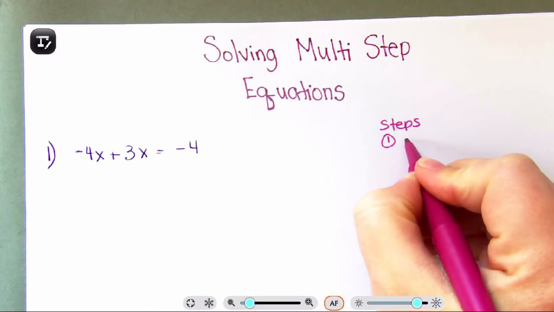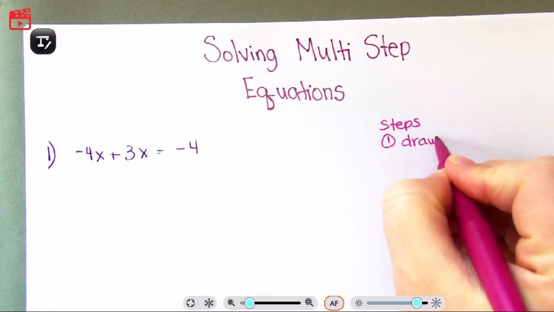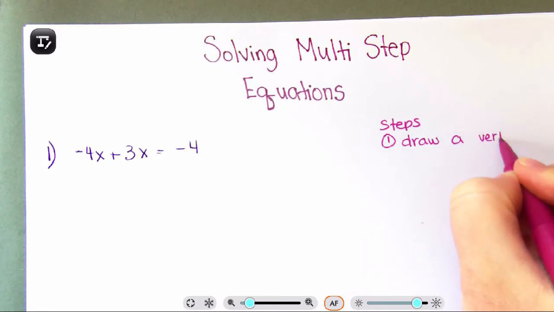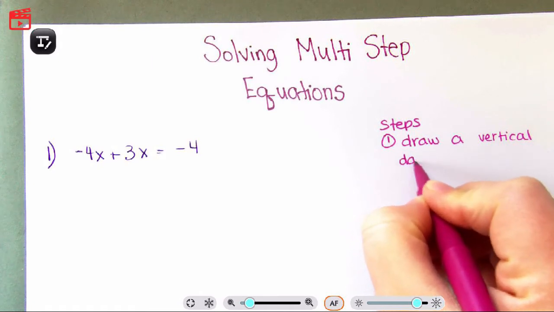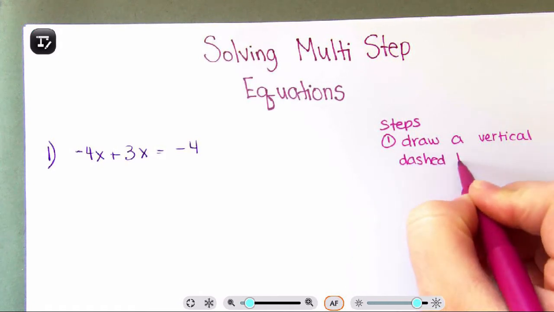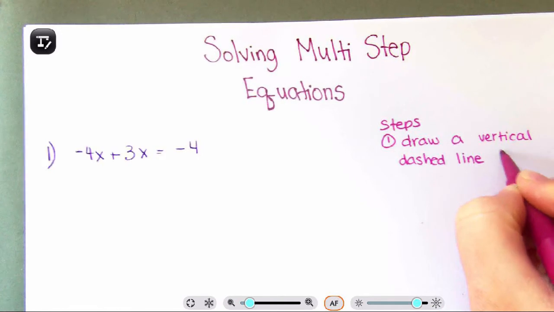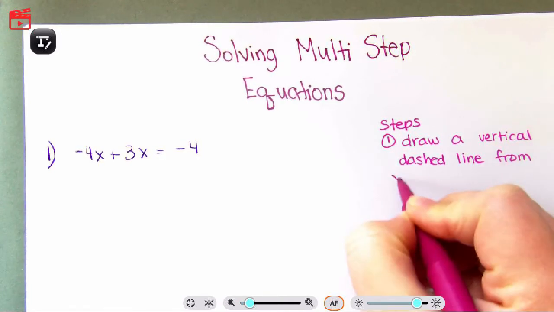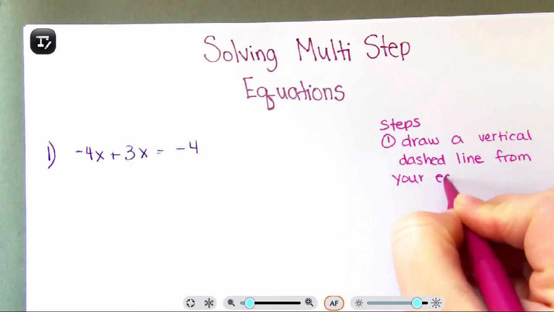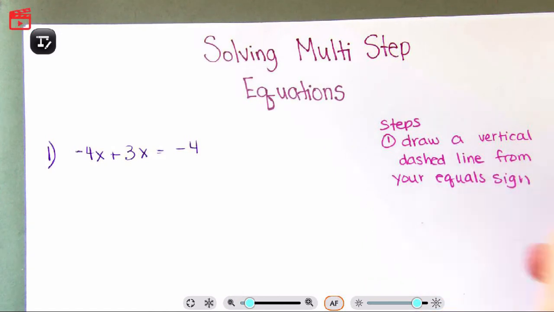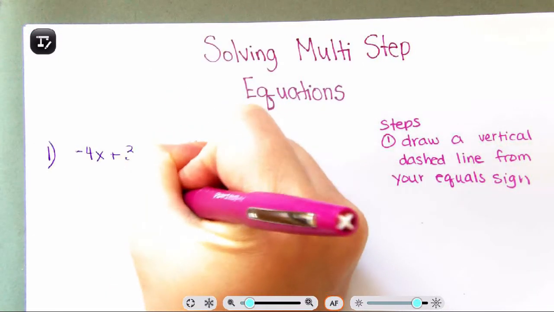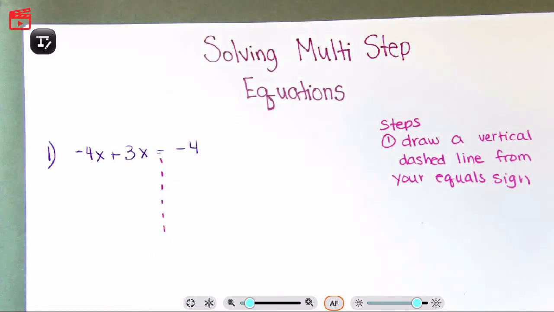You're going to draw a vertical dotted or dashed line from your equal sign. And what that is, it will separate your equation into 2 sections.